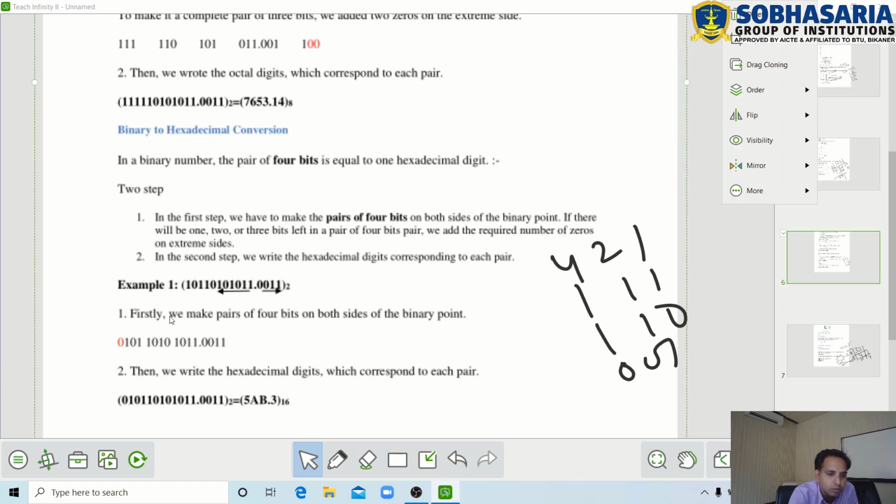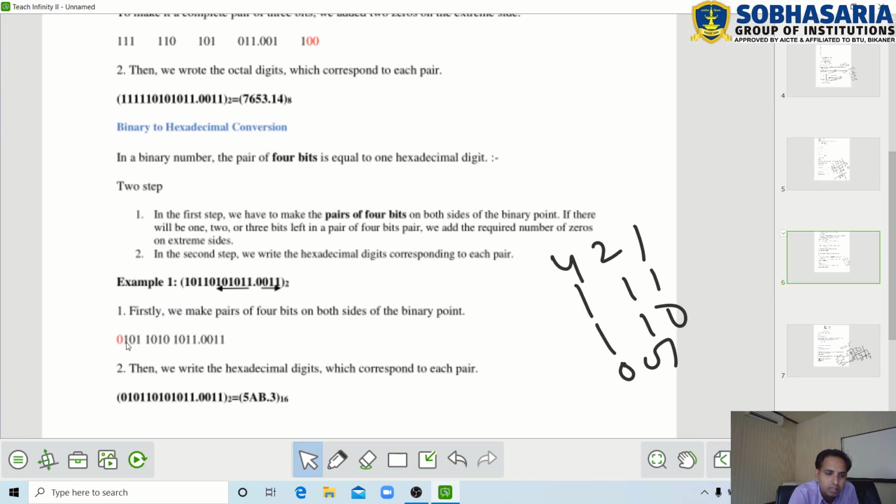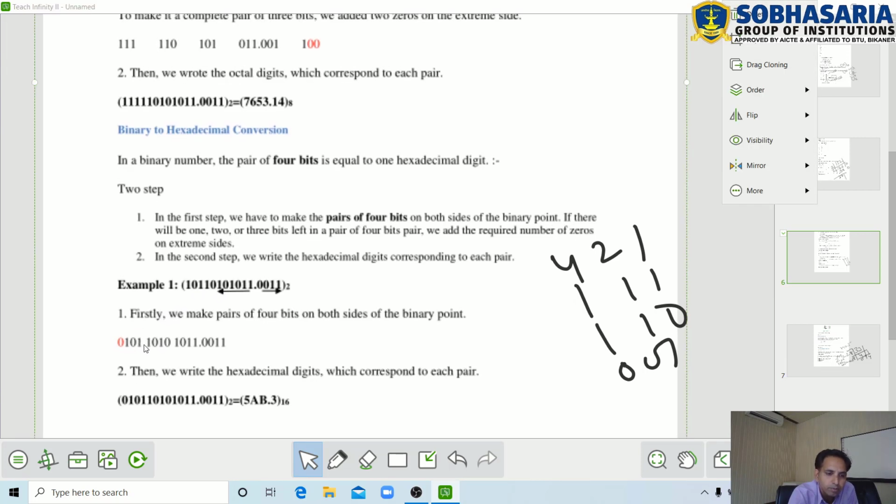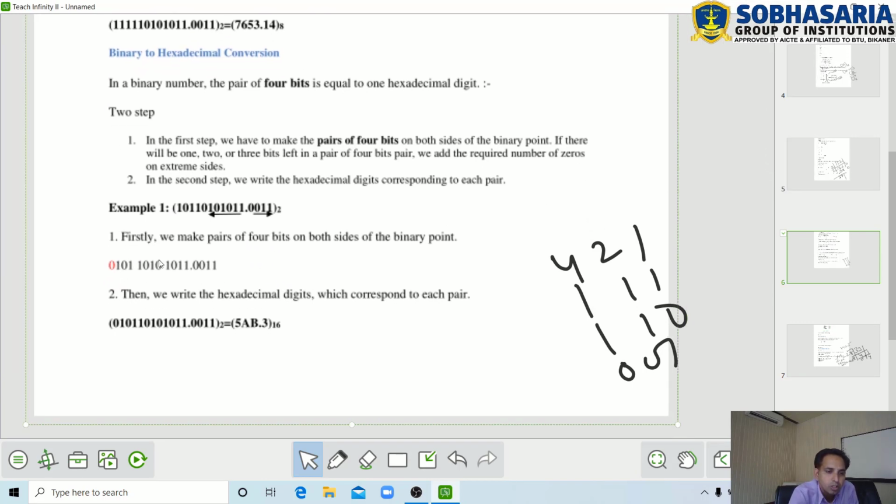0101, 0101 is the second group, then 101, only this is left. So we require 4 bits, so a 0 is added here. Now, the corresponding values of this binary number: 0101 means 5, 1010 means A, 1011 means B, 0011 means 3.